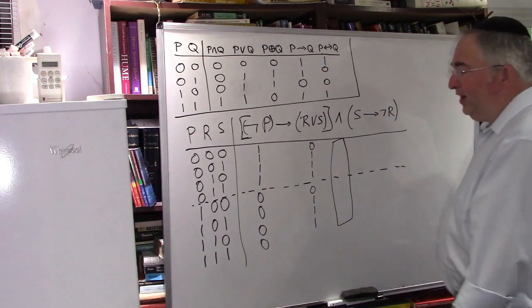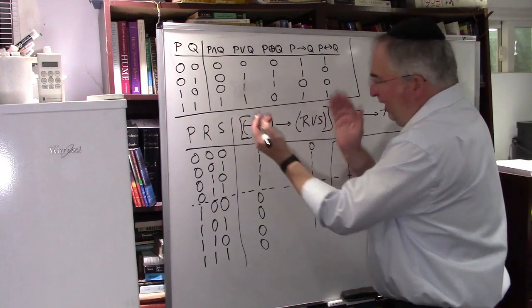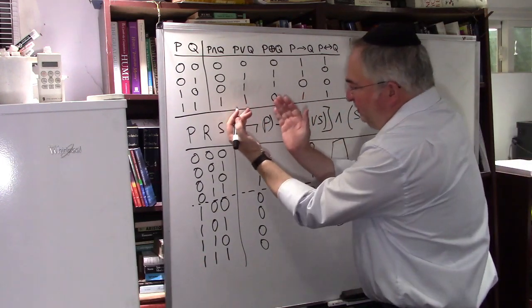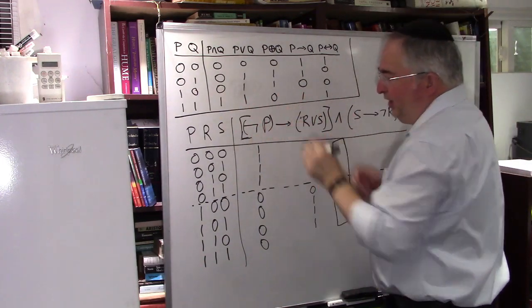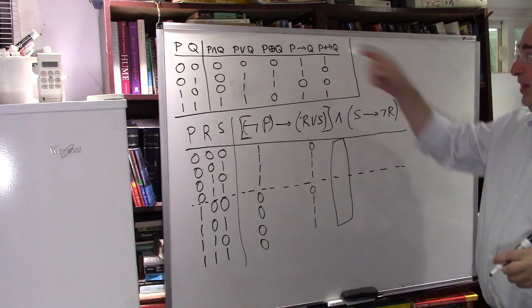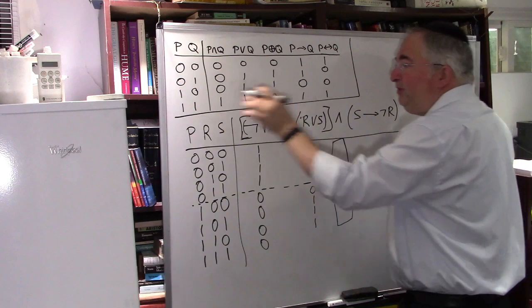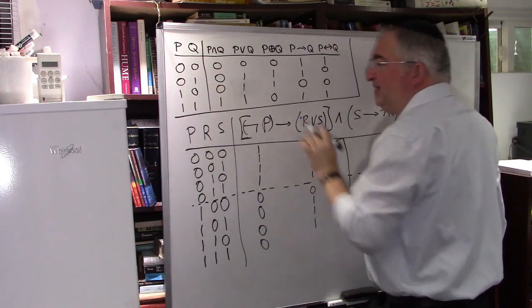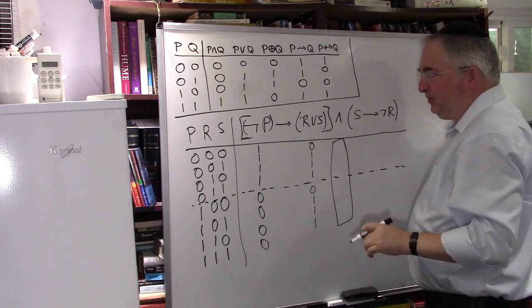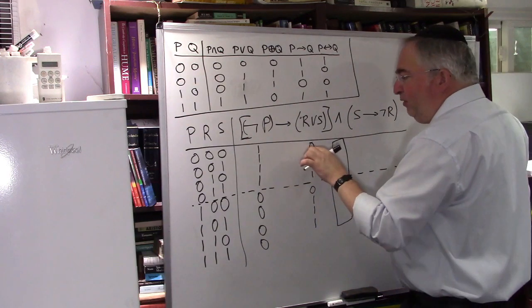Okay, great. I did this part. Now I have to do the arrow. Let's remember the arrow: it says everything is 1 except if the first thing is 1 and the second thing is 0. That's the only time. So let's do it. 1 arrow 0.